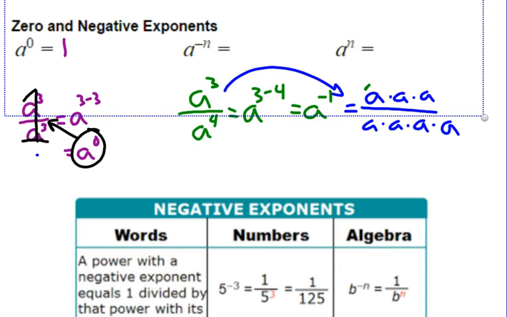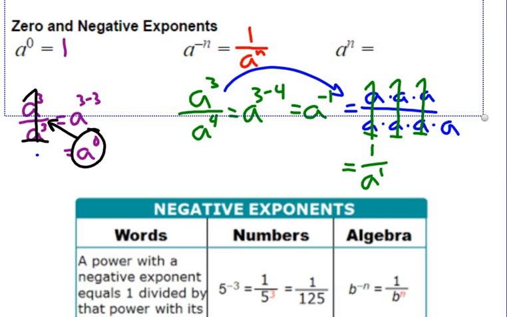And we get a bunch of 1s in here. 1, 1, 1. What's the only thing left over? Well, the only thing left over is this a to the first power on the bottom. And in the numerator, we just have 1. So generalizing what we see here, a to the negative n is 1 over a to the positive n.